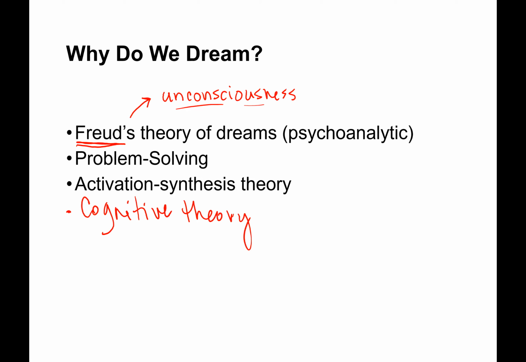This is basically the notion that there is no purpose or no meaning to dreams, and that it's just our brain's way of making sense of all that activity. So there's no meaning whatsoever to dreams, and it's just our brain's way of trying to make sense of all that activity that's happening, right? All that electrical activity, and trying to make sense of that electrical activity in dreams.